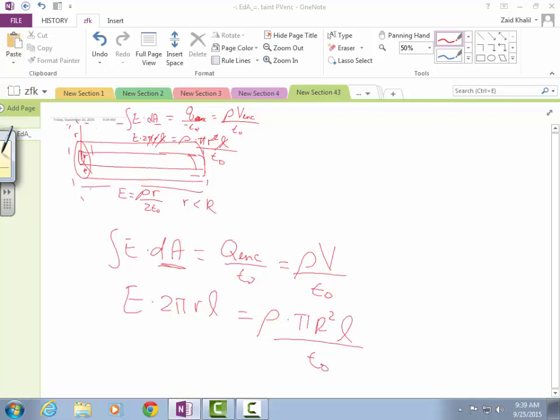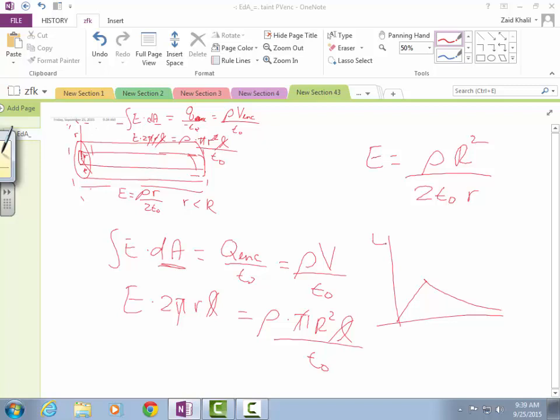Therefore, E outside is rho big R squared over 2 epsilon naught little r. It's 1 over r. If we graph this, it's linear, and then it's 1 over r.